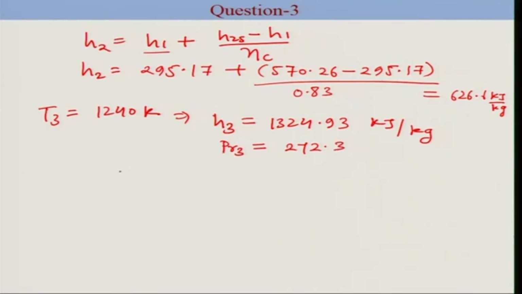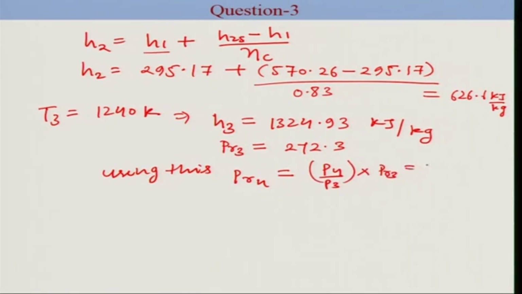Using this we can get PR4 equal to P4 upon P3 times PR3, which is 1 upon 10 times 272.3, which gives 27.23.